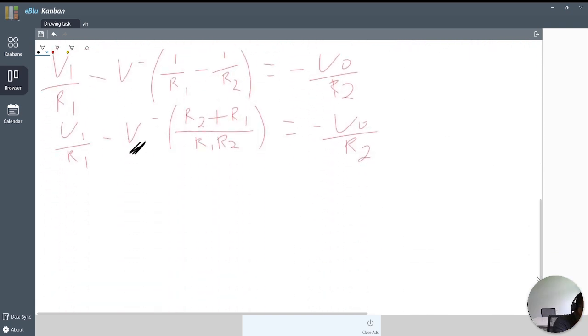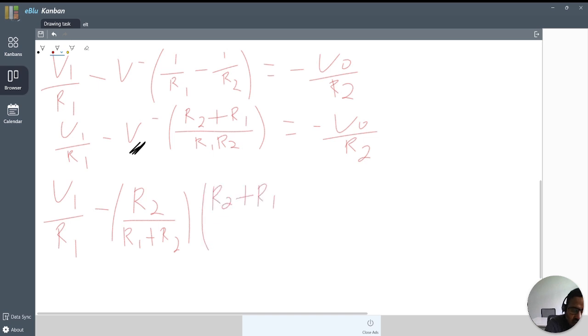So V1 over R1 minus R2 over R1 plus R2 multiplied by R2 plus R1 over R1 R2 multiplied by V2. It becomes minus V out over R2. So R1 plus R2 cancel by this, R2 by R2 cancel.